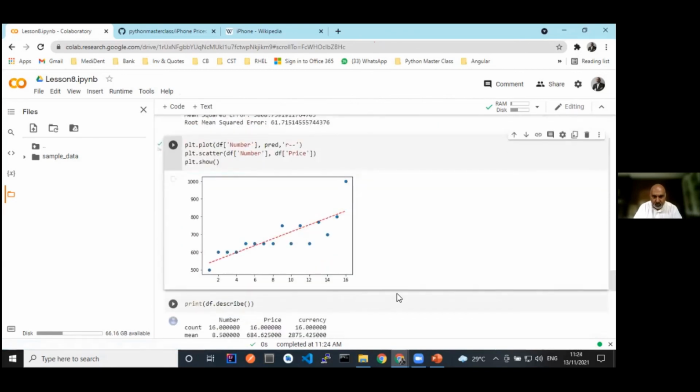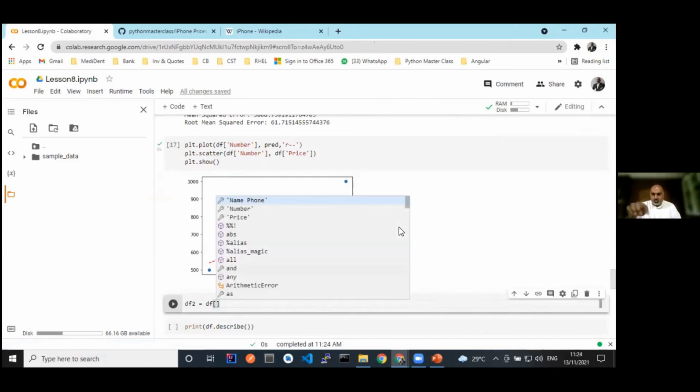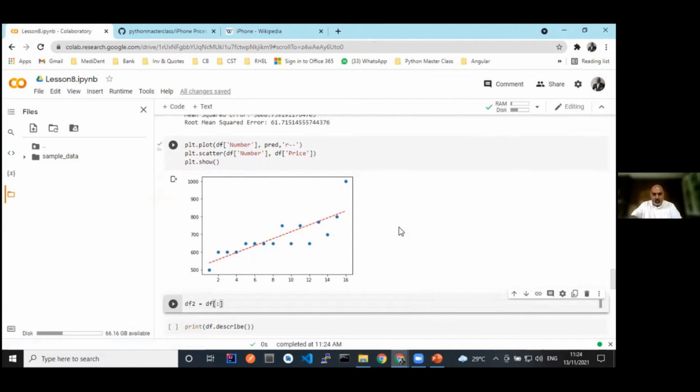Now I'm going to create another data set, df2, from df. Remember, I showed you how to start and end. I want to go all the way from the beginning, but remove the 16th value.